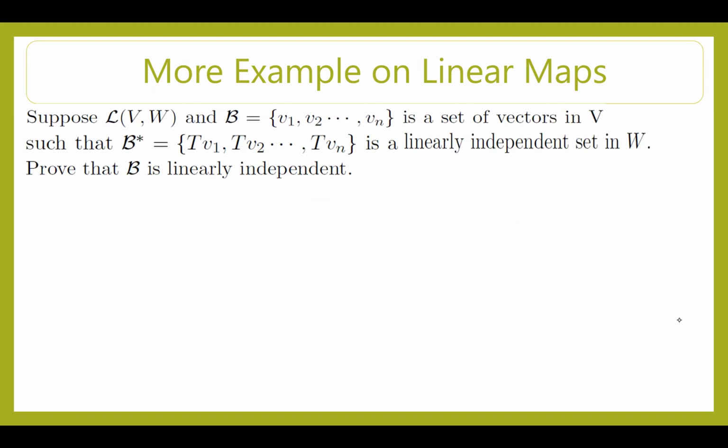Okay, so this is more of a theorem. Suppose I have the set of linear maps from V to W, and B is a set of vectors V1 up to Vn in V, such that B star, which is TV1 up to TVn, is a linearly independent set in W. We want to show that B is a linearly independent set.